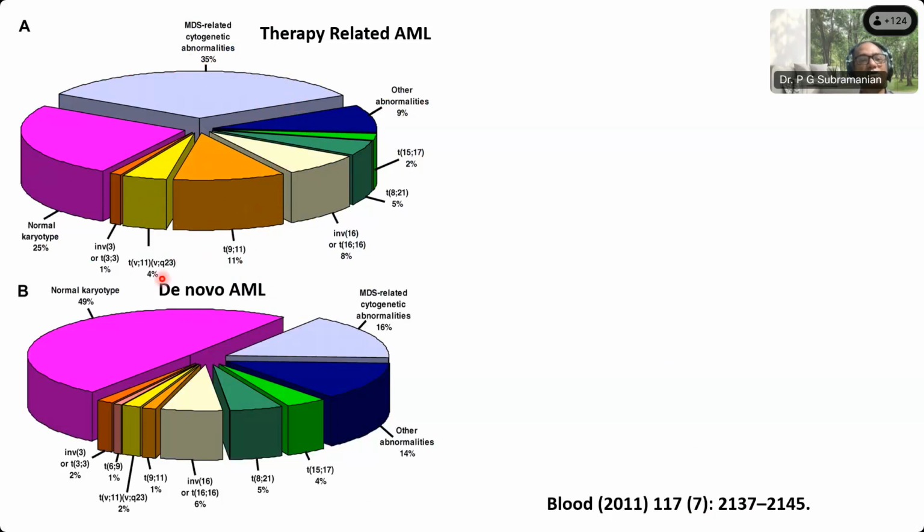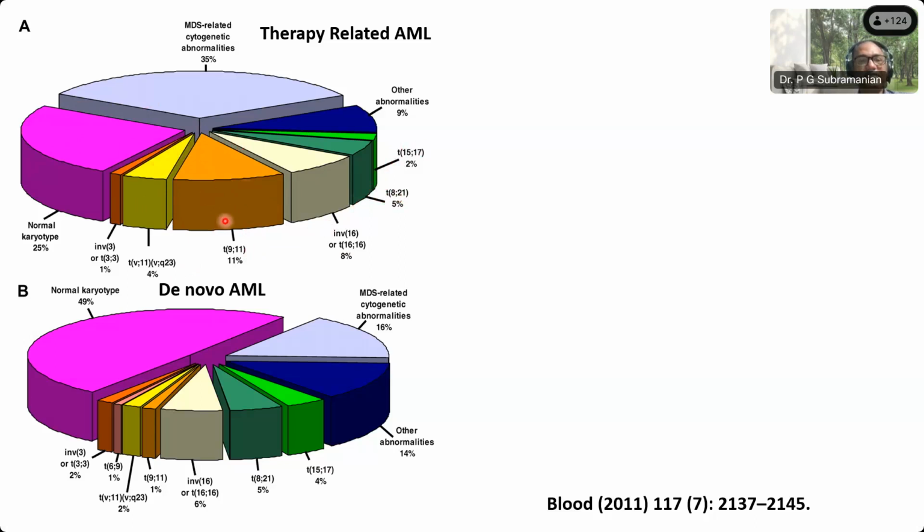These two together will easily make up around 15% of your therapy related AML. Therapy related AMLs can also be T8;21s, APMLs, inversion 16 also can be therapy related. Normal karyotype is there in 25% of therapy related AMLs. So this will fall most likely into this.